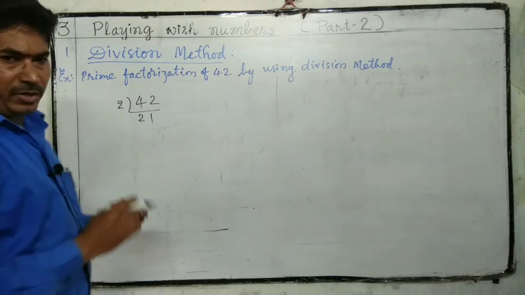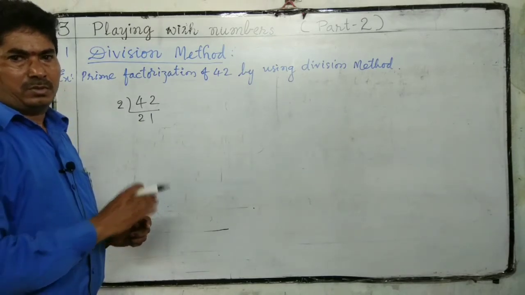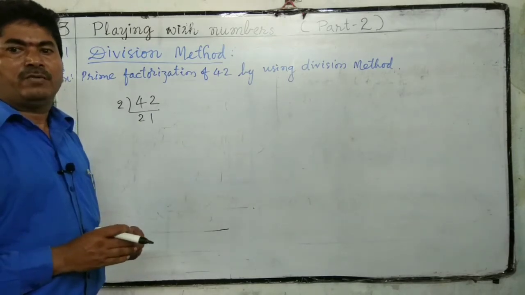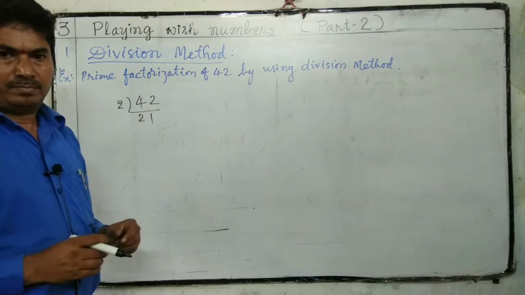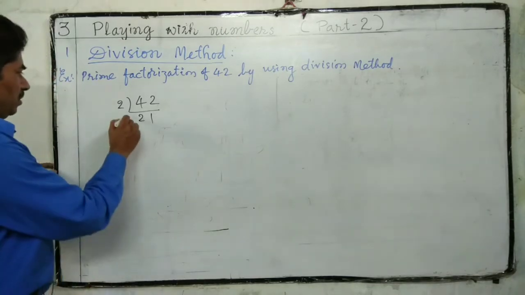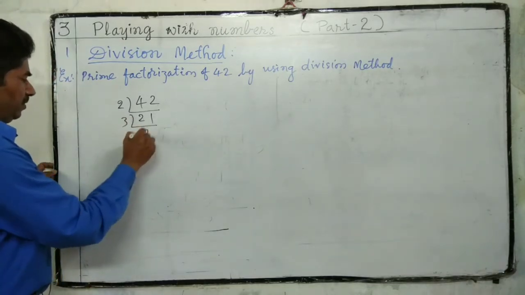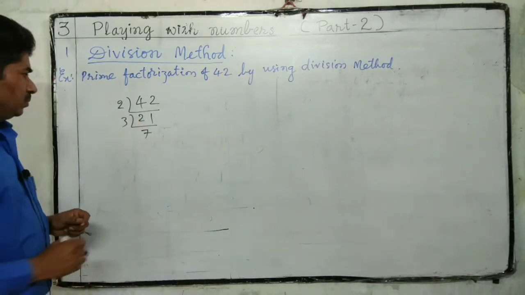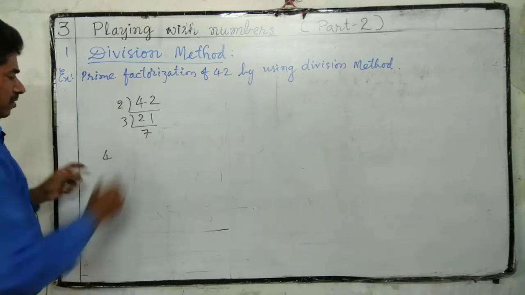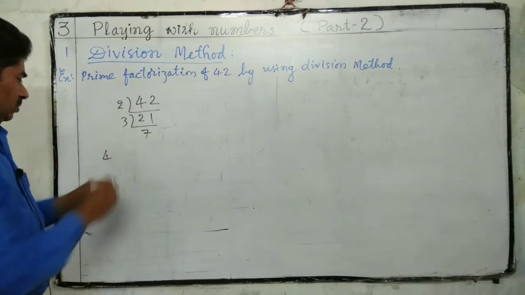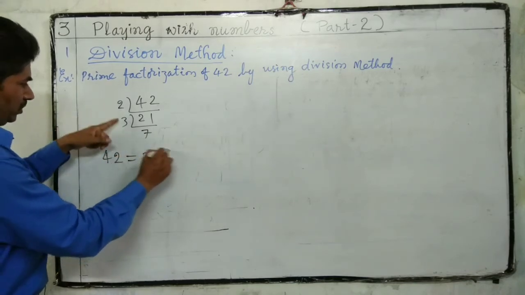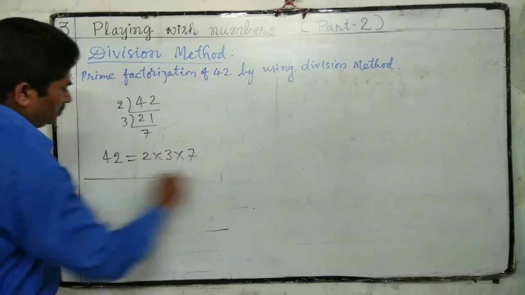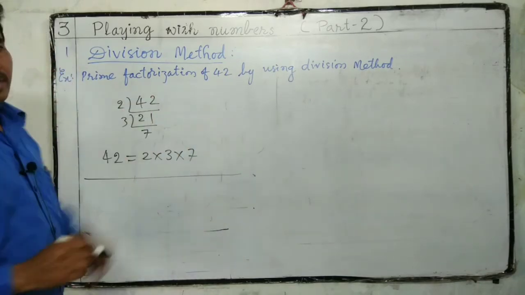We have to continue this division till we get a prime number. 3 sevens are 21. So we got a prime number, so we stop. 42 is equal to 2 into 3 into 7. So this is the division method.